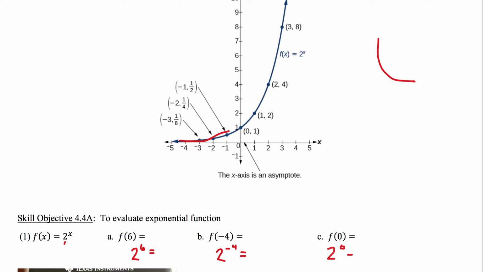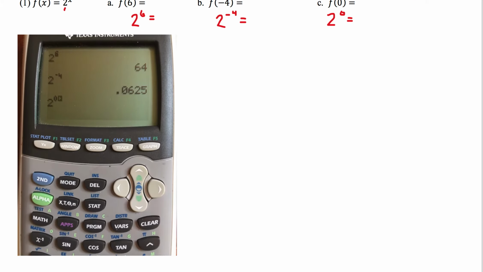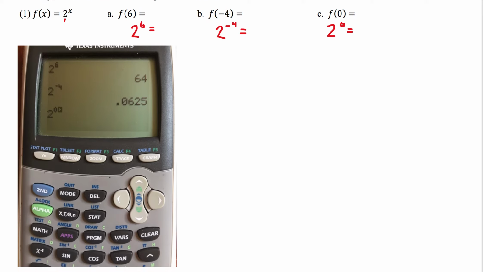As I said, the easiest way for you to evaluate these is to use your calculator. I have shown you here how this is going to look on a TI-83 or a TI-84 calculator. If you have something different, you may need to play around with your calculator a little bit and see how to enter it in. The first one that I've entered in is 2 to the 6th, and it's going to equal 64.